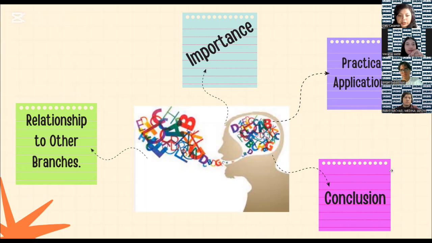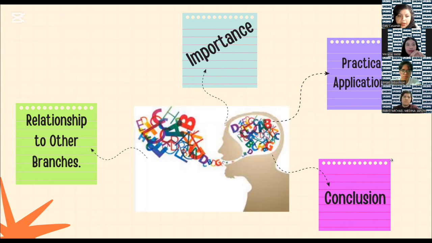Practical applications: language teaching, pronunciation, listening, speech recognition technology, forensic linguistics, speaker identification, accent analysis, dialect analysis of British versus American. Conclusions. English phonology helps understand sound systems, supports language learning, and informs technology and linguistic research.